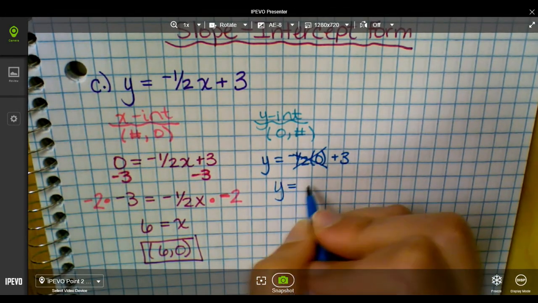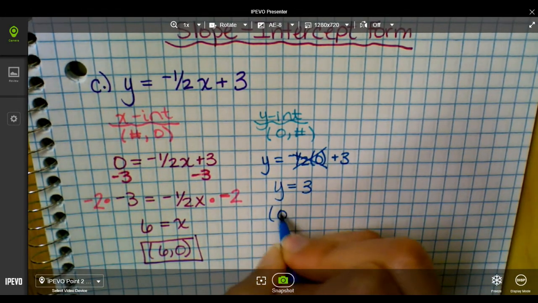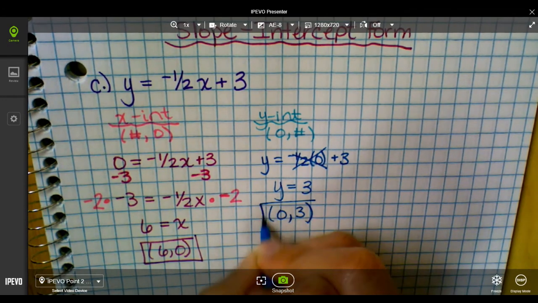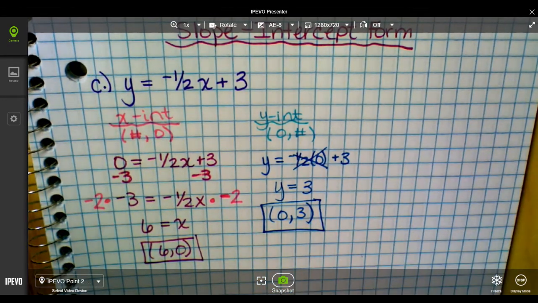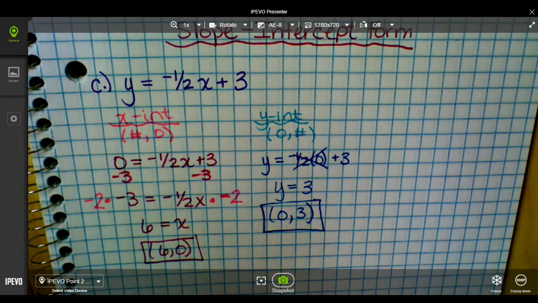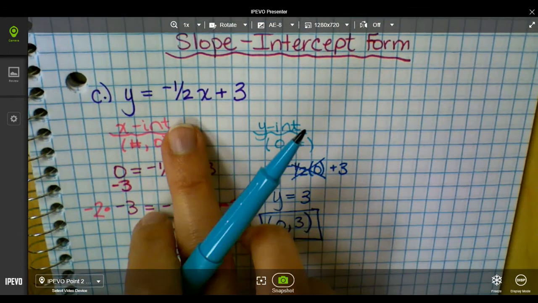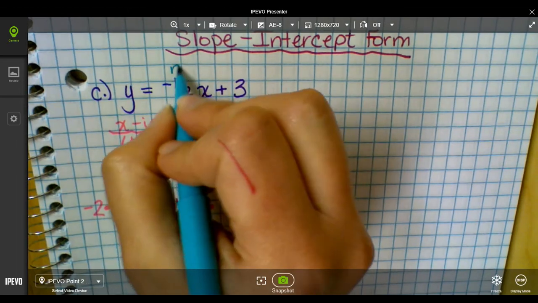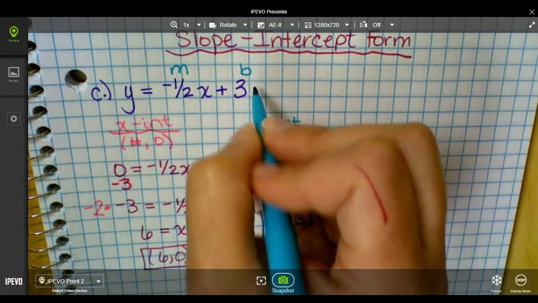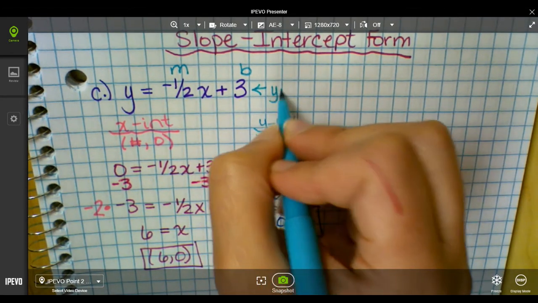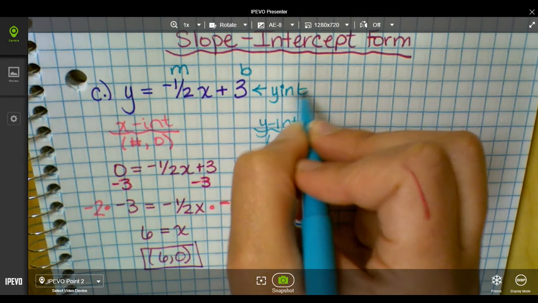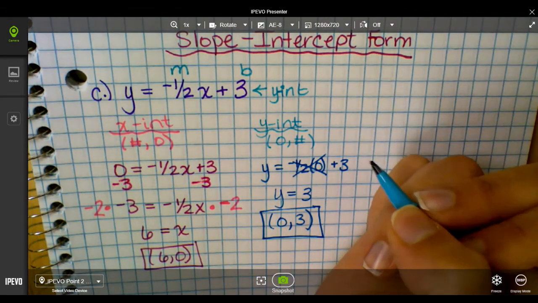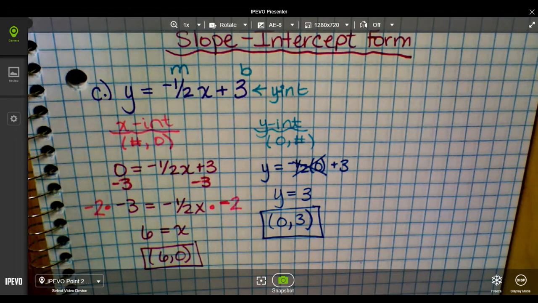So y equals 3, which means my y-intercept is 0, 3. Now, hopefully you guys knew that already. Since this is called slope-intercept form, hopefully you remembered that this is your slope and this guy over here is your y-intercept. Whatever b is, is your y-intercept. So that's what makes it really, really nice.